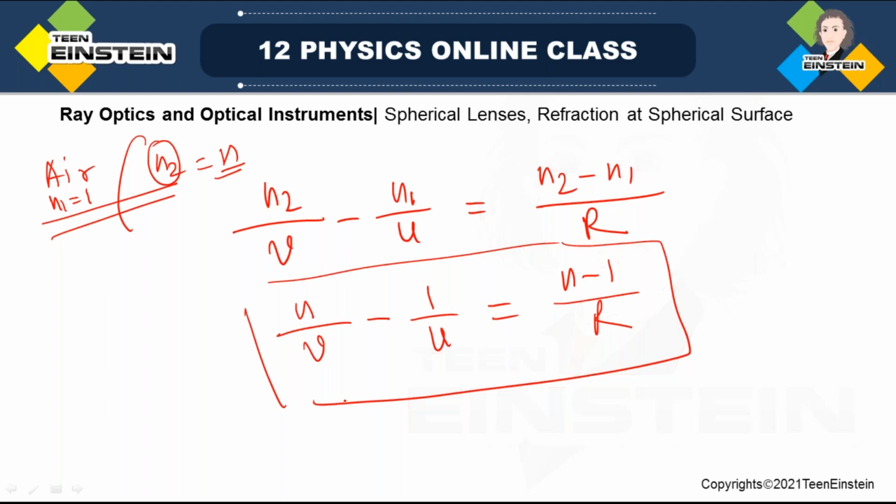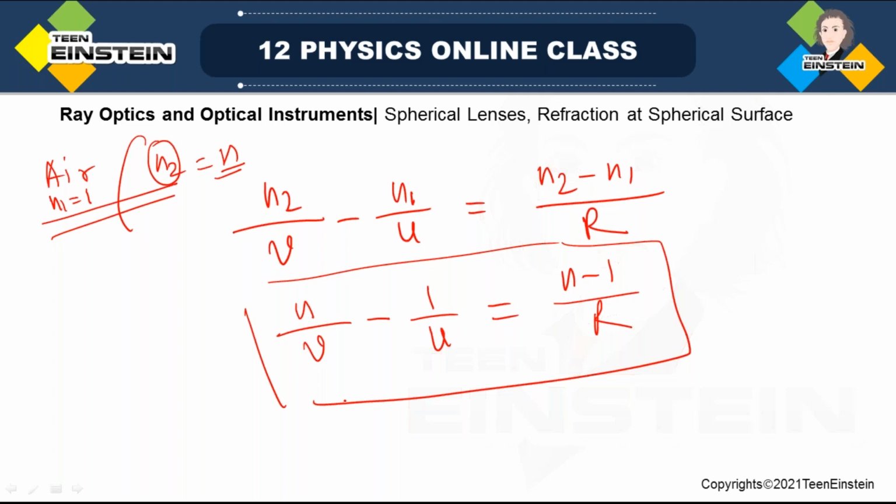So you can take up different things, like two objects lie in the rarer medium and image formed is virtual.